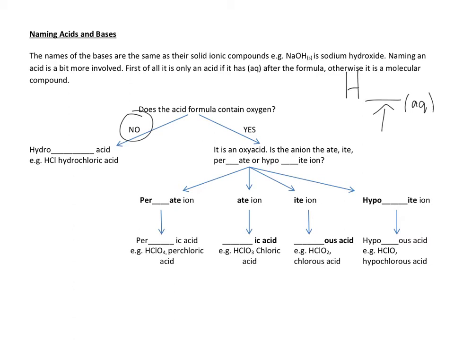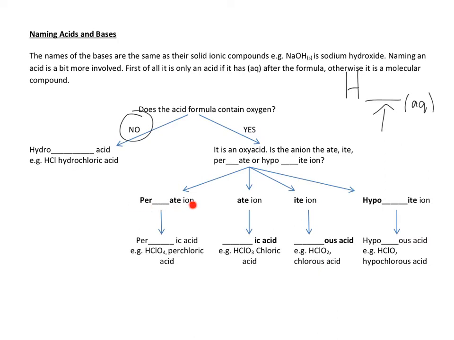So if it was an ate ion, like sulfate, it becomes an ic acid. Sulfate would become sulfuric acid. If it is an ite, then it becomes an ous acid. Sulfite becomes sulfurous.